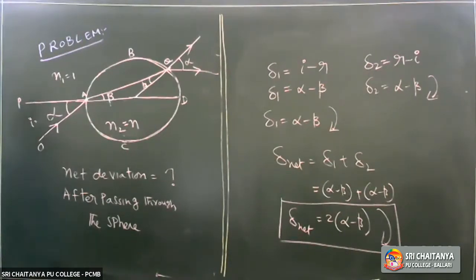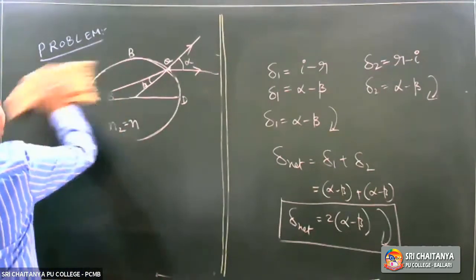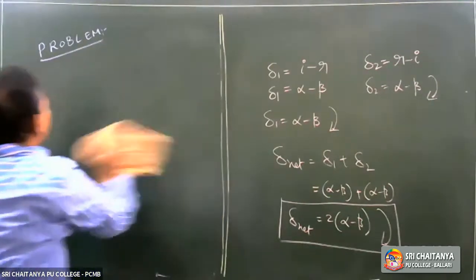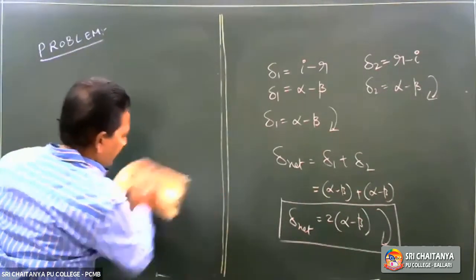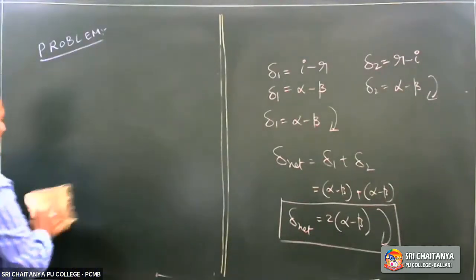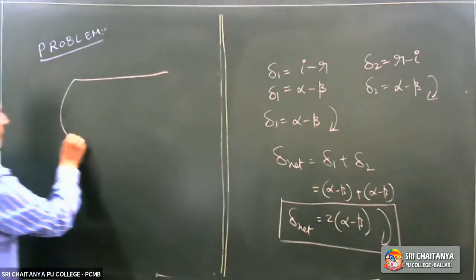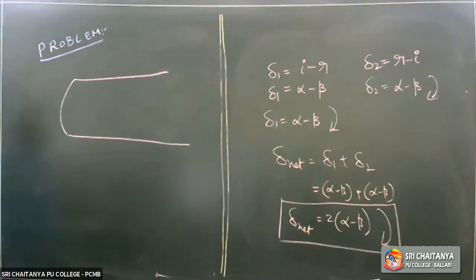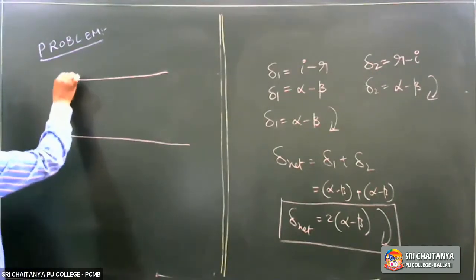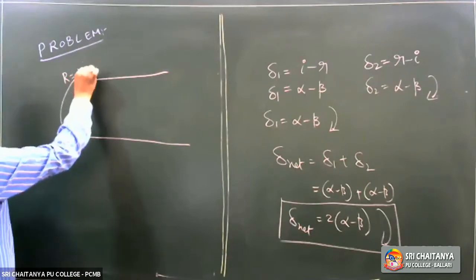Refraction at a spherical curved surface. Now, problem number 3, on spherical surfaces. Convex surface, radius of curvature 10 centimeters.